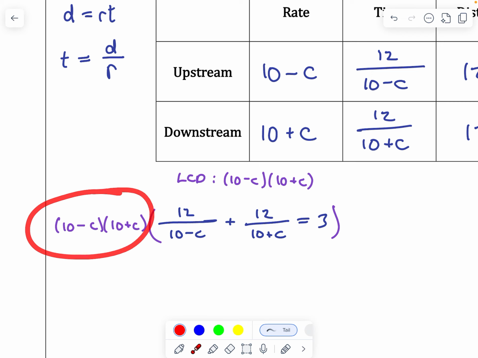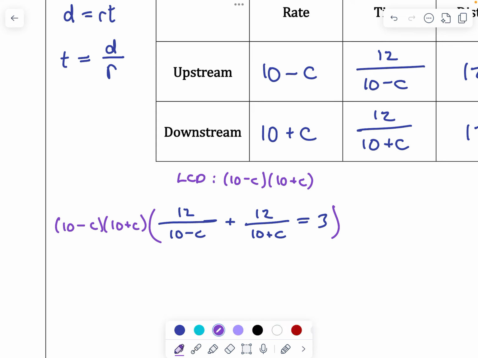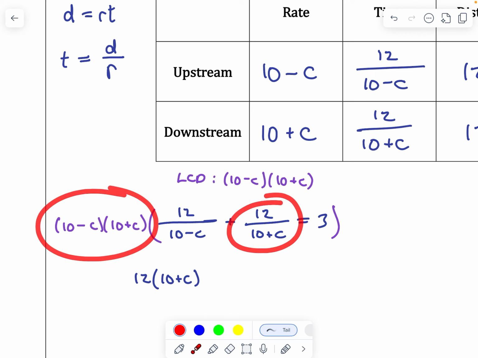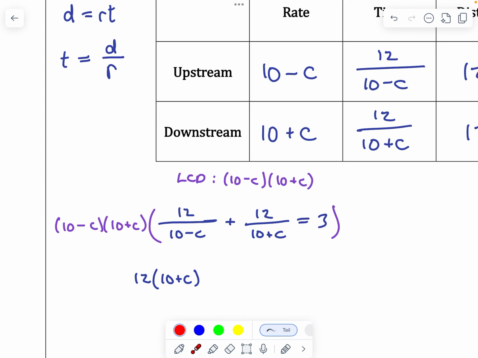When I distribute this to the first fraction, the 10 minus c's will cancel out, which leaves me with 12 times 10 plus c. When I multiply this times the second fraction, the 10 plus c's are going to cancel out, which leaves me with 12 times 10 minus c.